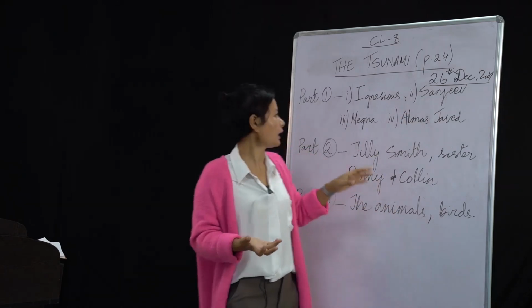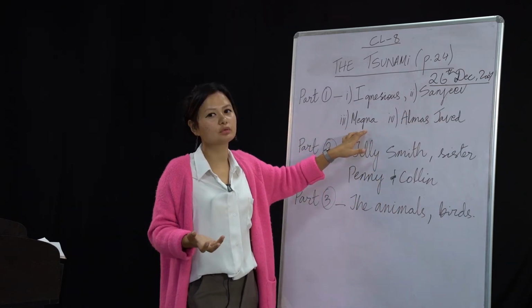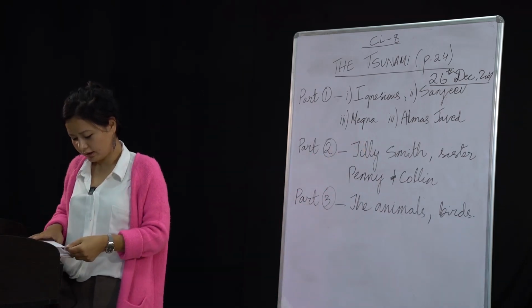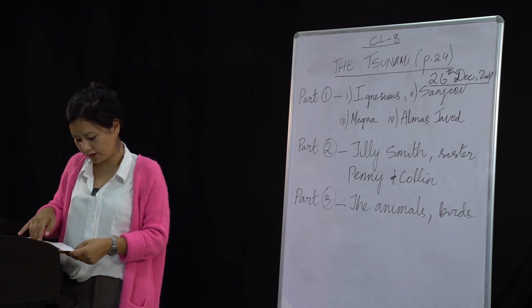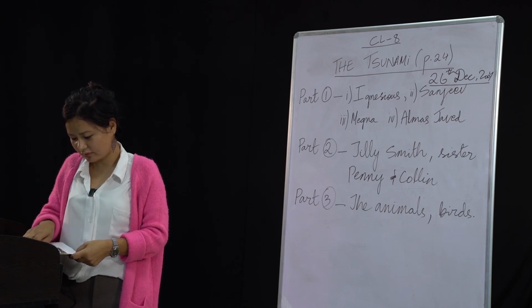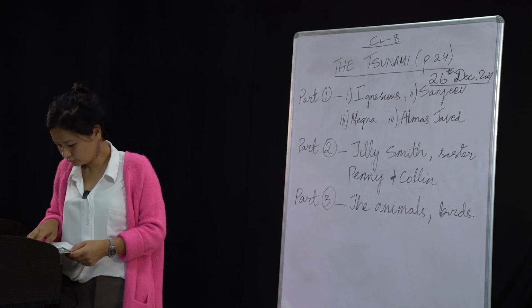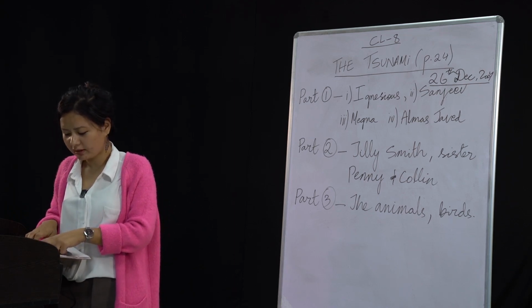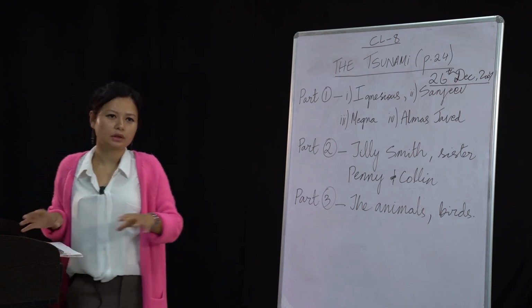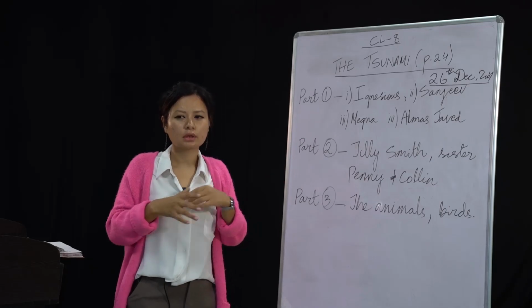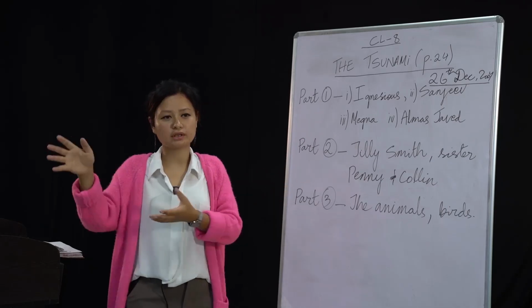tsunami. Okay, and then the third incident happened with a 13-year-old girl named Meghna. If you can turn to your page number 26, starting from the second paragraph, 13-year-old Meghna, along with her parents and 77 other people, were washed away in the water.